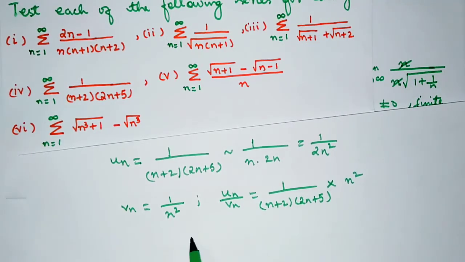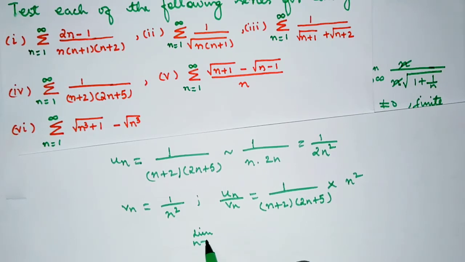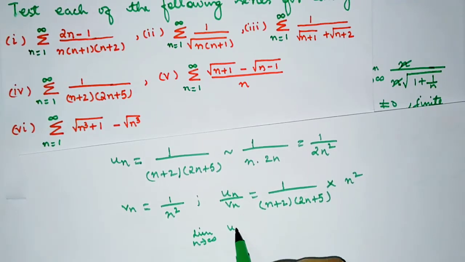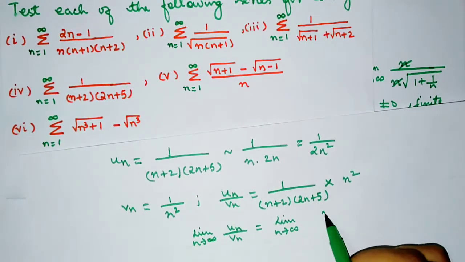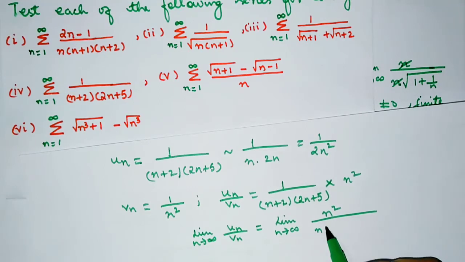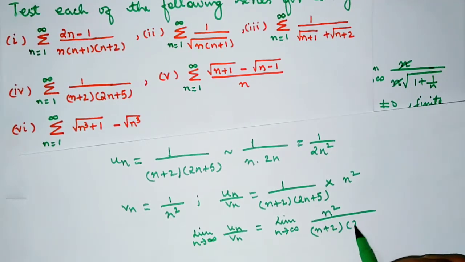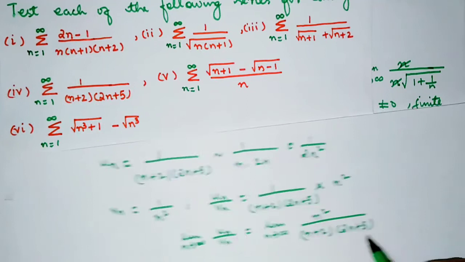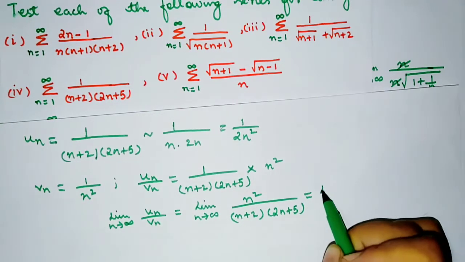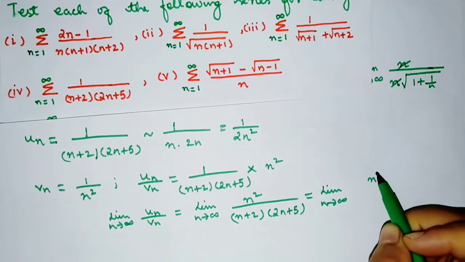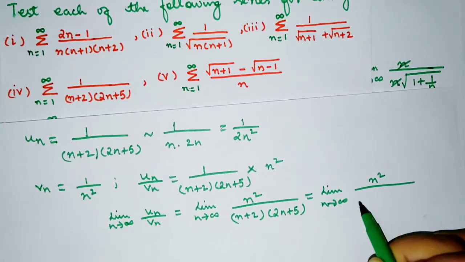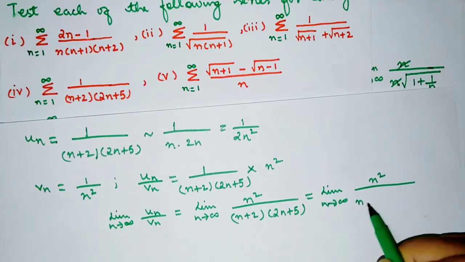And after that, take the limit n tends to infinity, Un by Vn. So we have n square by n plus 2, 2n plus 5. From here take common n, and then here also n.